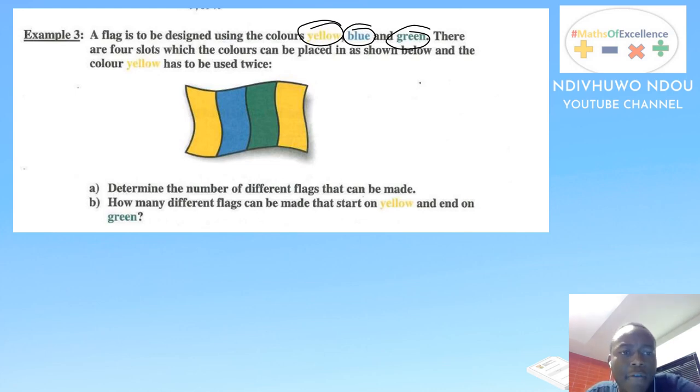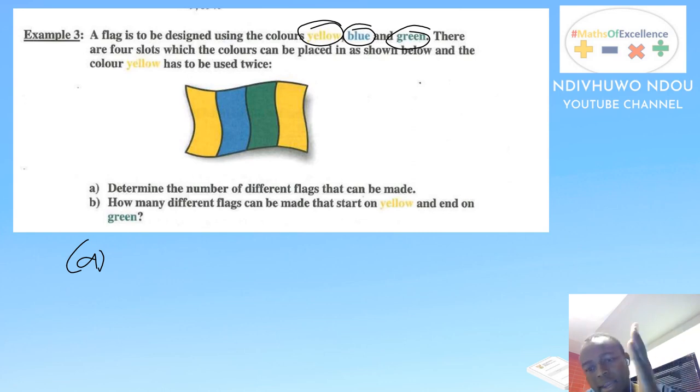There are 4 slots which the colors can be placed in, as shown below, and the color yellow has to be used twice. You can see in the diagram they use it twice, in the first and in the last space. So A, determine the number of different flags that can be made, right?